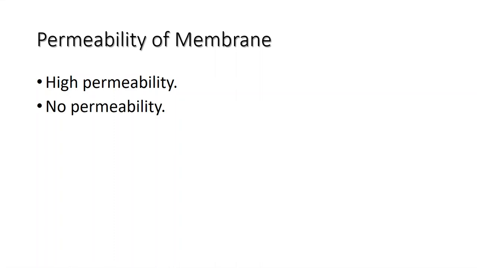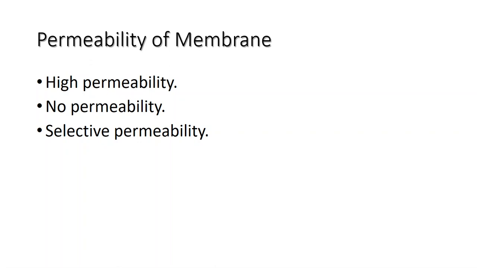The term impermeable means that a structure does not permit the passage of substances through it. The membrane is impermeable to ions and large uncharged polar molecules such as glucose. The permeability of the plasma membrane to different substances varies.